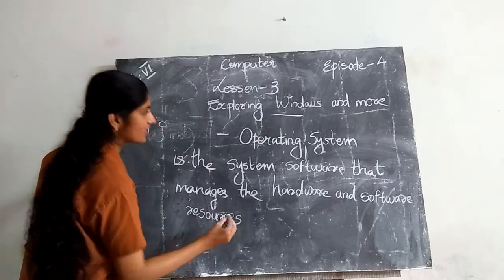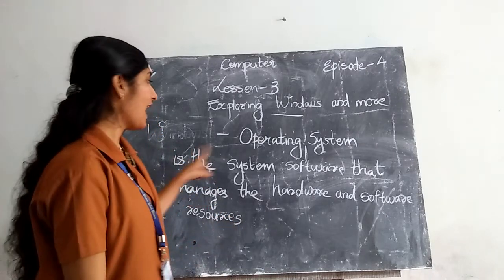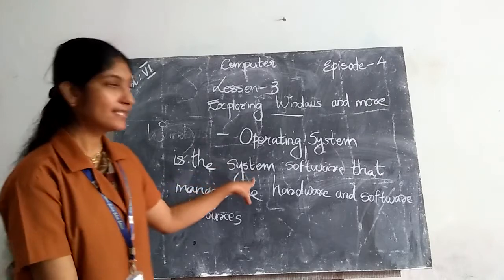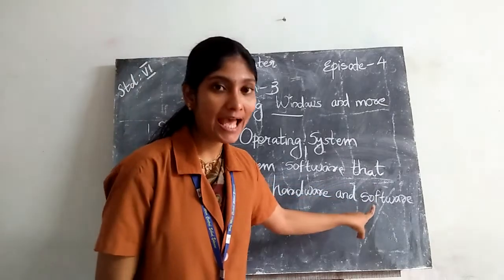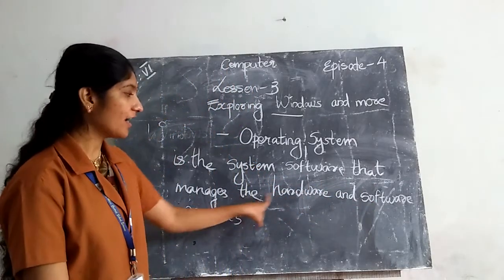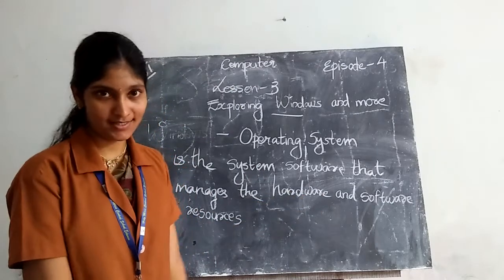So simply, what's the definition of an operating system? An operating system is the system software that manages the hardware and software resources.